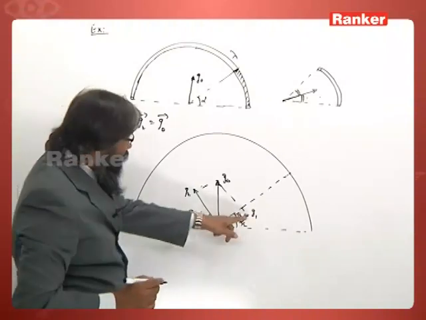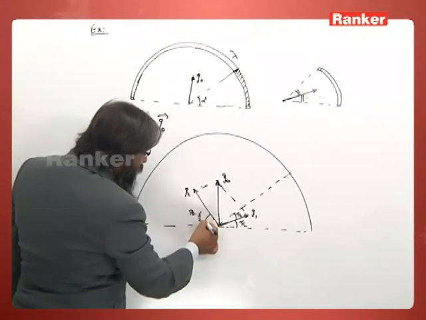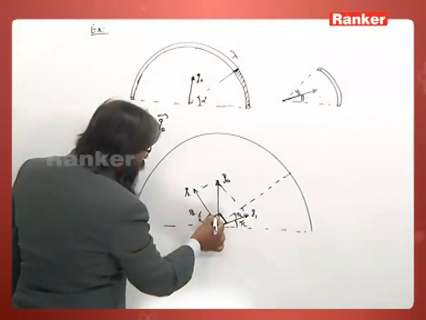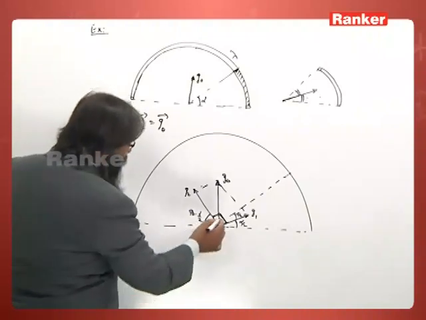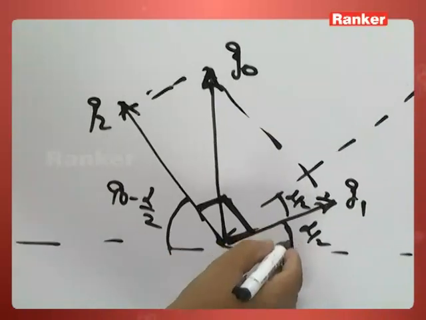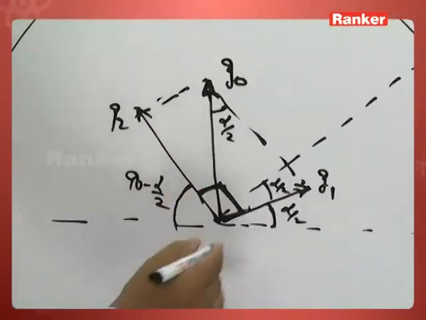We wish to calculate G1. Now we see this is alpha by 2 and this is 90 minus alpha by 2. So this is 90 degree. This is 90 degree. So if this is 90 degree, you just see this is G naught, this is alpha by 2, this is 90 minus alpha by 2. So this is alpha by 2.